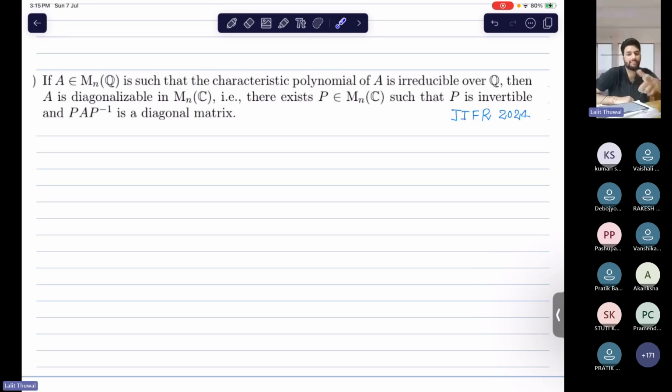Yes, Akanksha, you can think about the companion matrix from the last problem. So what about this problem? Is it true? Really?